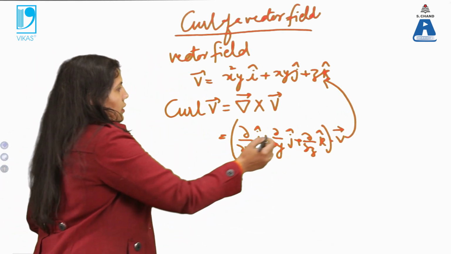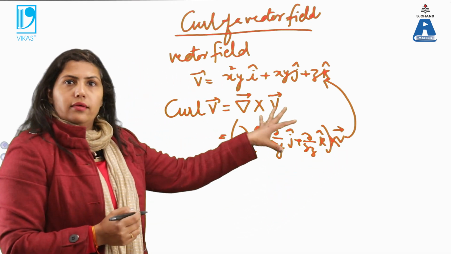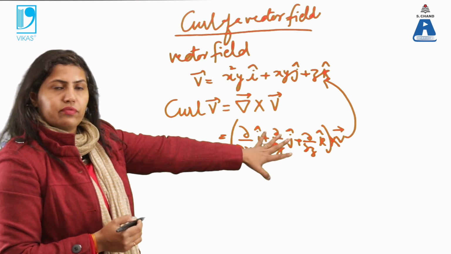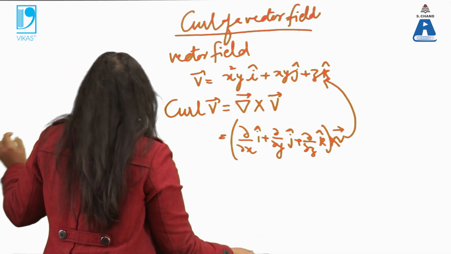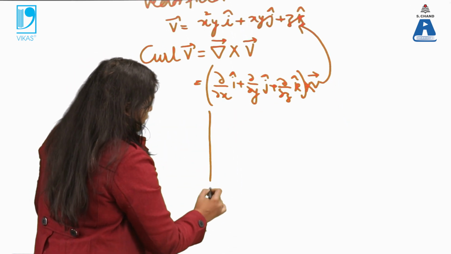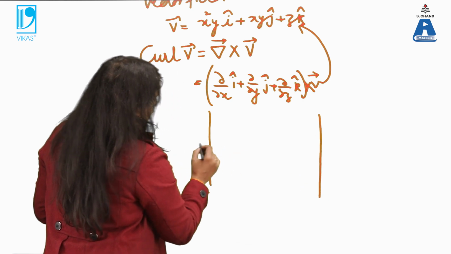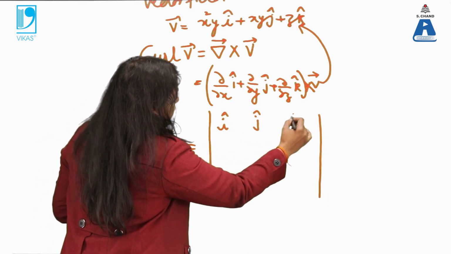Now curl is a cross product, and the way you find the cross product in 12th class, the same way I will be finding it. As it is cross, we always find it by a determinant. First I will write i, j, k, the way we did in 12th class.